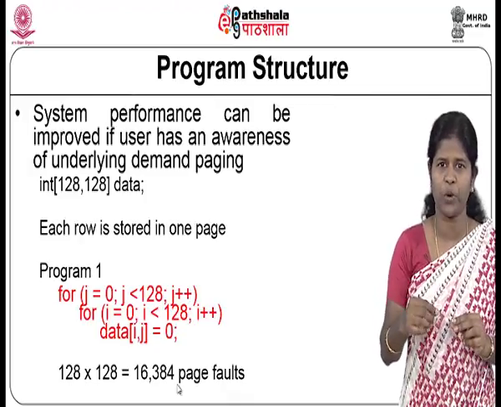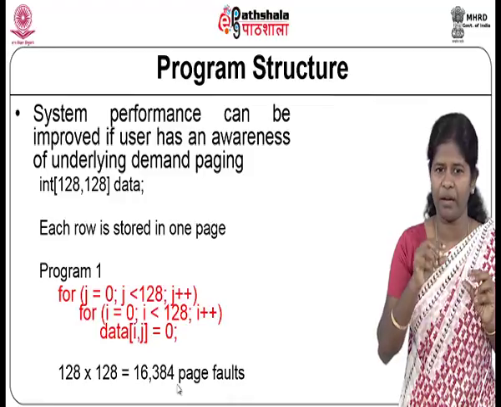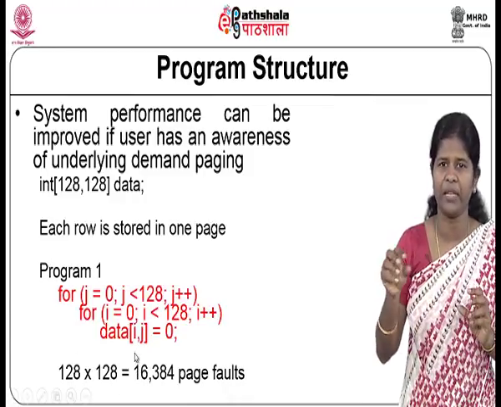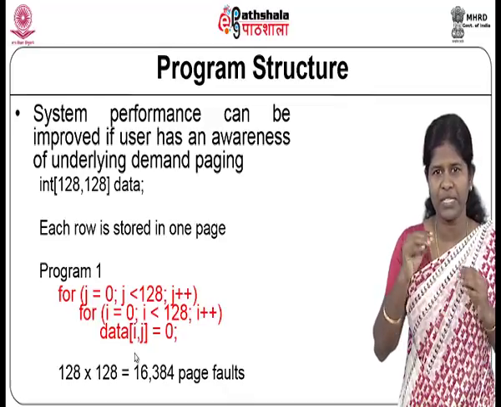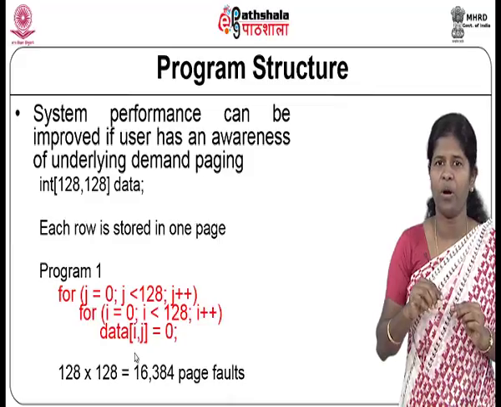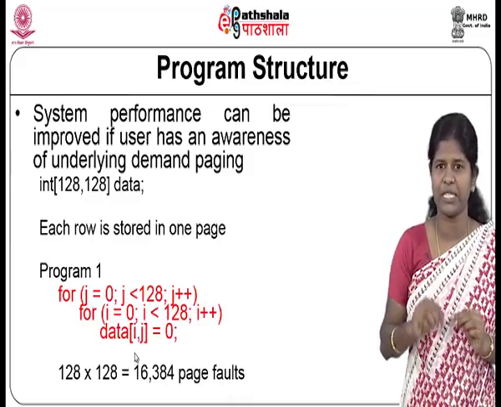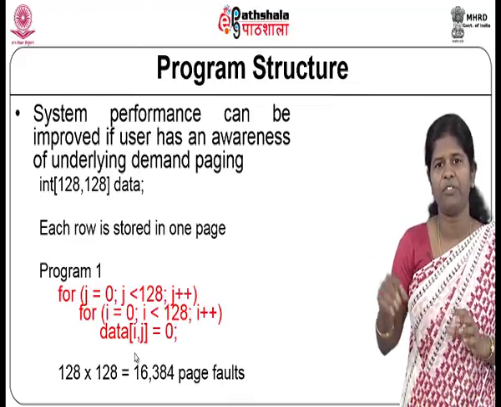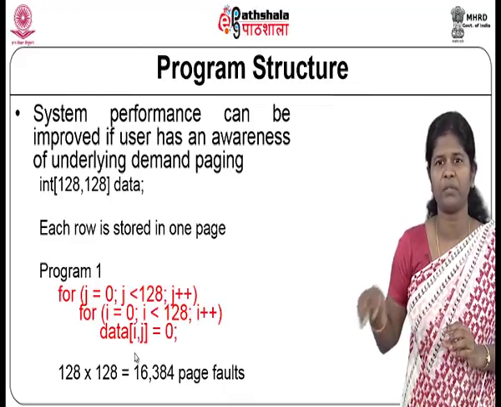Because of this, for the first assignment it will try to locate the first page. For the second assignment, it is the first element in the second row, and hence it will try to locate the second page. For the third assignment, it will try to locate the third page and so on.